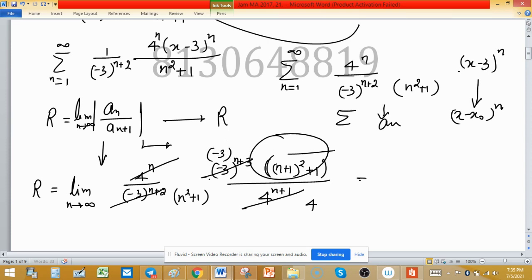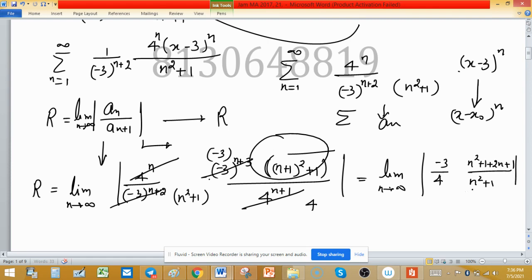So the expression we get is the limit as n tends to infinity, and we also need to put a modulus. So minus 3 upon 4 I can write, and in the numerator, if I expand this, n square plus 1 plus 2n plus 1, divided by n square plus 1.